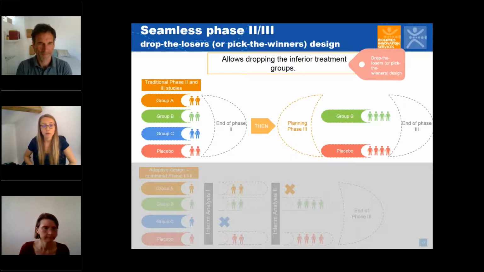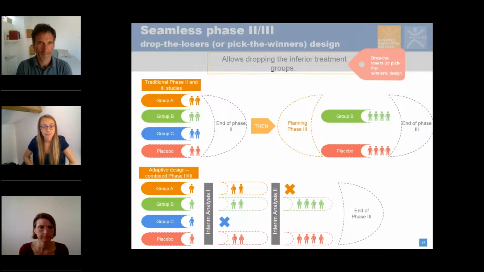Indeed, if we take an example of a traditional design of 4 groups, 3 groups of different doses of products or different formulations compared to a placebo group. After the end of the phase 2, we analyze the results and we choose the best product to play in the next phase, the phase 3, with a higher number of subjects, which will confirm the efficacy of the selected product. For example, here, group B compared to placebo.